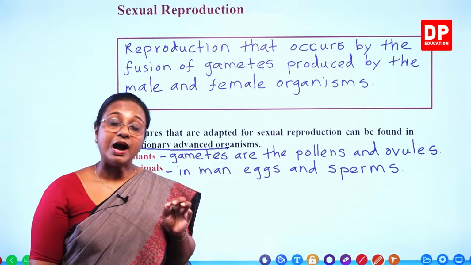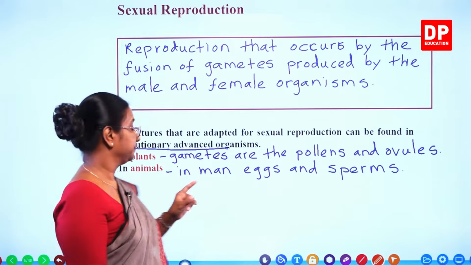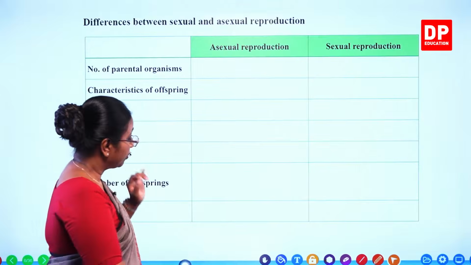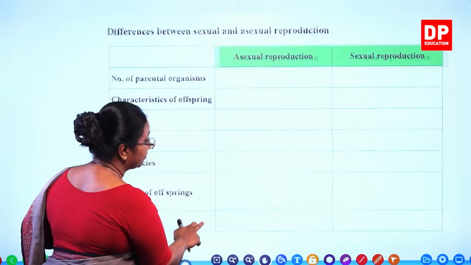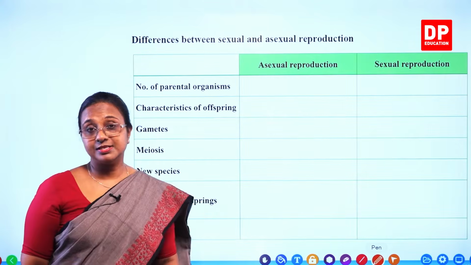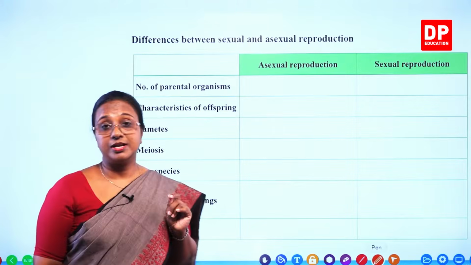Now, let us try to understand the differences between the two methods. Here we will try to understand the differences between sexual and asexual reproduction. I have made it easy so that we can look at the differences based on these concepts. The first one, number of parental organisms.